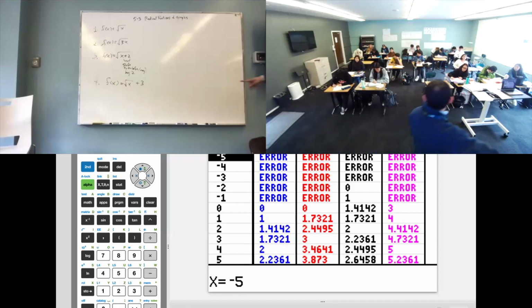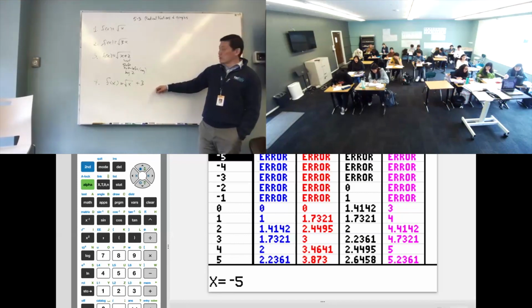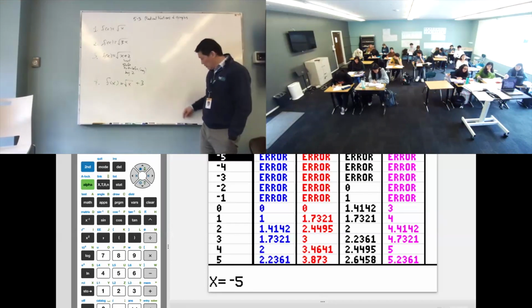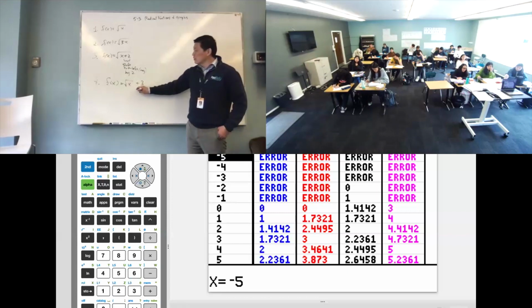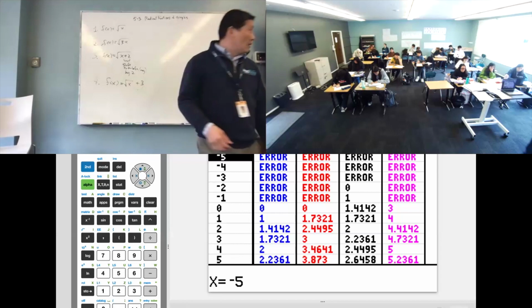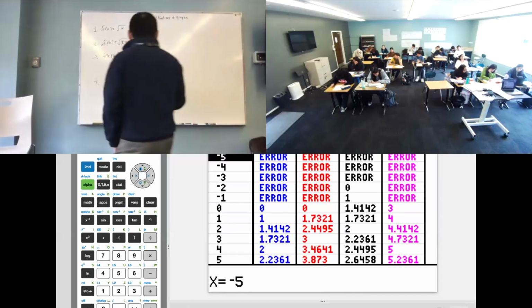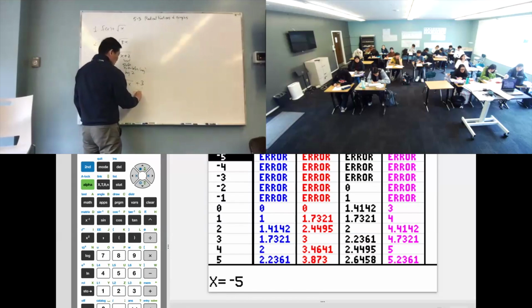In this expression here, what makes it happen is this plus 3 right here, and this plus 3 right there, which allow you to shift the graph up by 3.